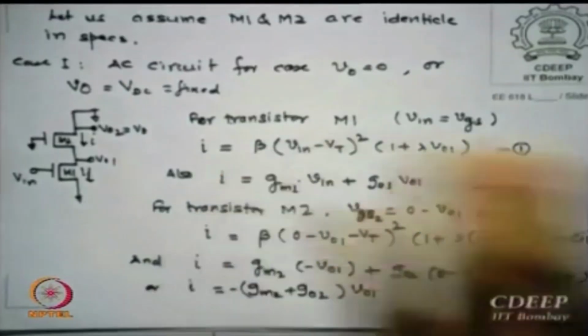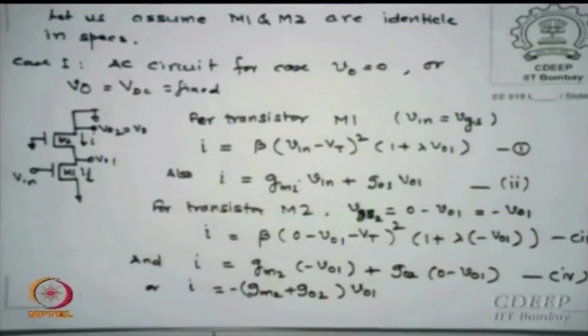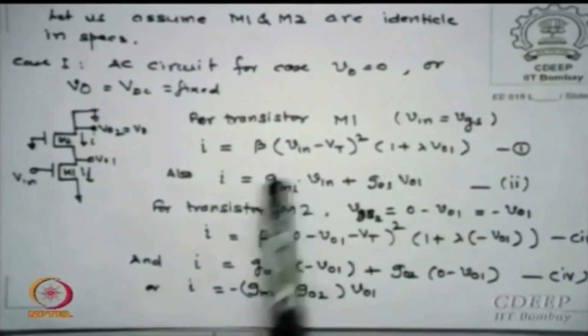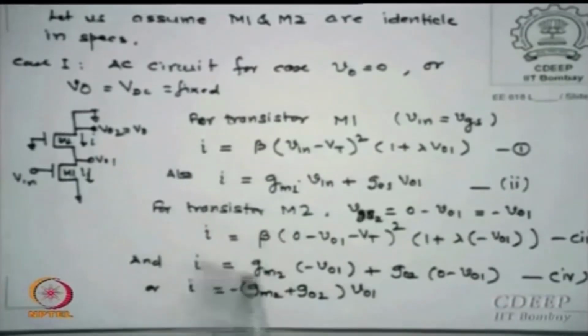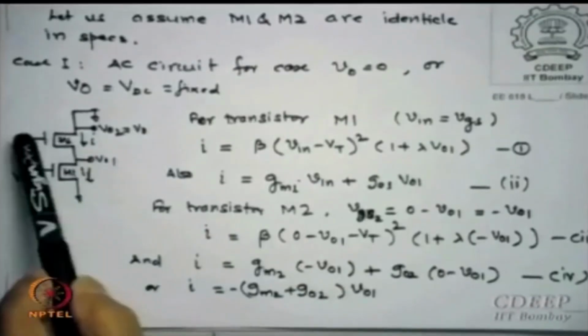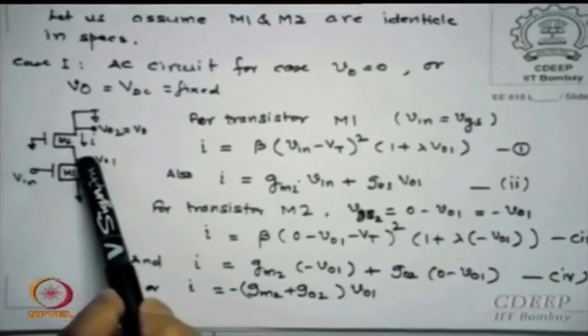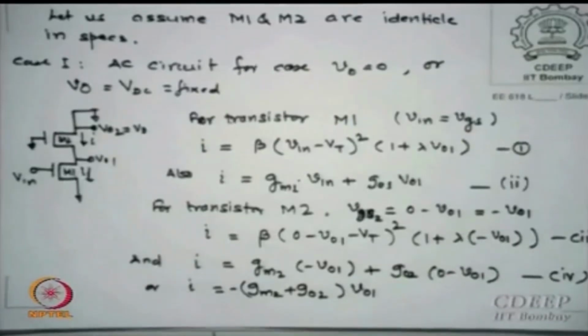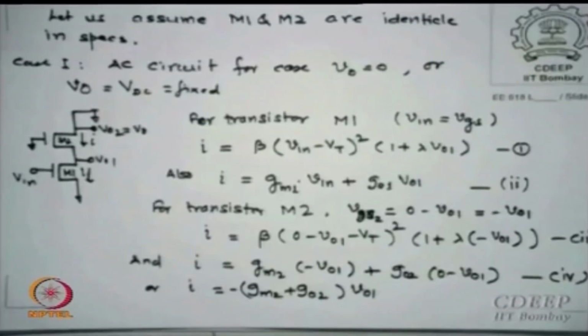Please remember these two currents should be identical, because in a circuit only one current can flow at one circuit point. However, I write a similar expression for I in M2, so I is equal to GM2 times VGS. And what is VGS for this transistor? 0 minus VO1, is that correct? What is the VGS for M2? 0 minus VO1, so it is minus VO1.